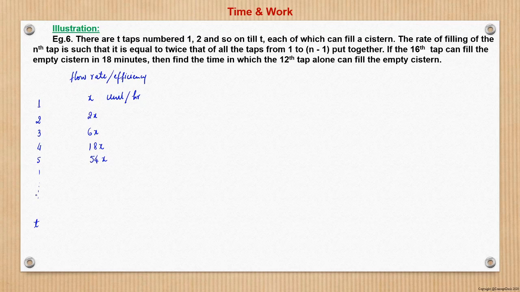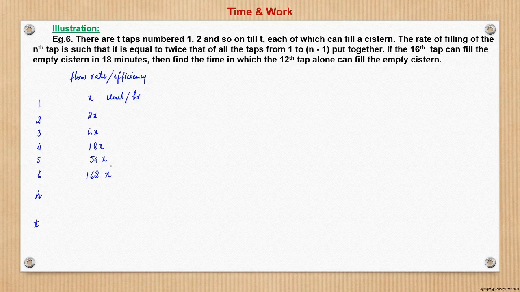Here in between somewhere it will be the nth term. So that is sort of a question of a progression, or one way we can see here, by visual, what next would be? We can see 6 times 3 is 18, 18 times 3 is 54, then it becomes 162x and so on. So this is the pattern we are seeing.